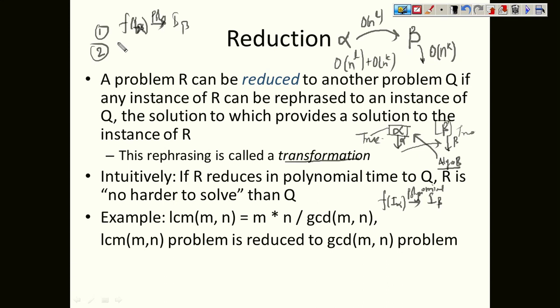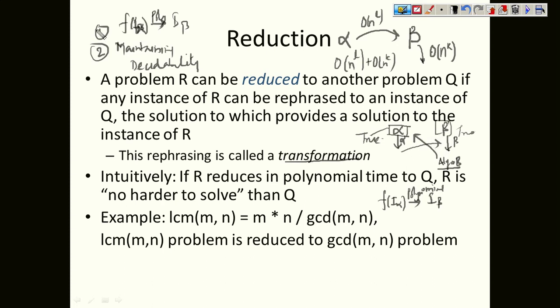So the second requirement is regarding maintaining the decidability. Let me repeat: if the decidability of alpha is true for a given set of instances, then for the same set of instances, converted using this function, it must be true for beta.